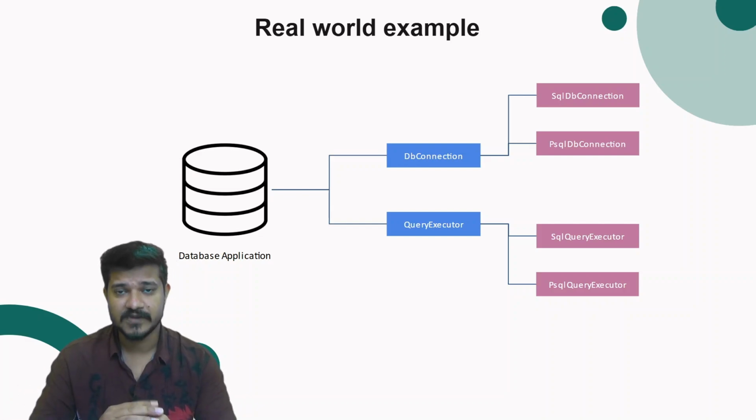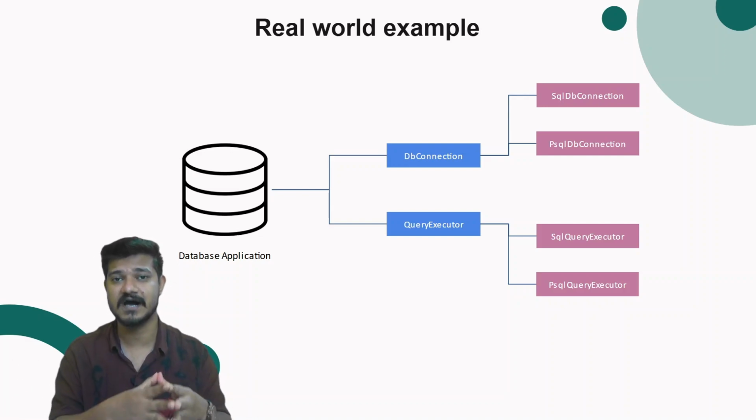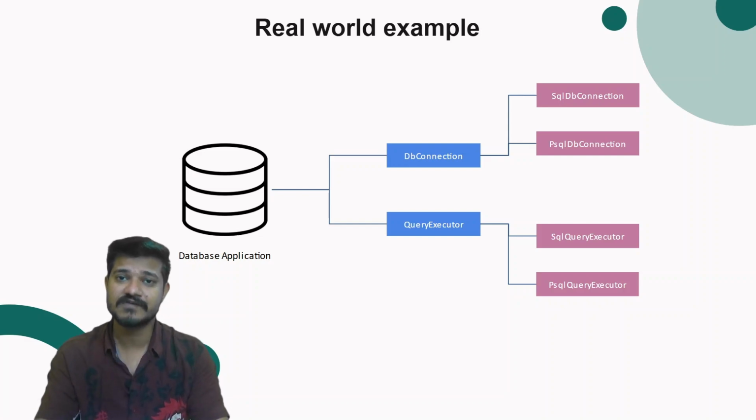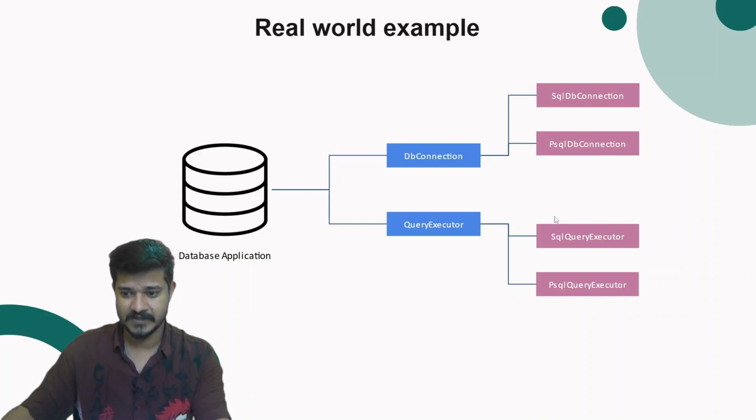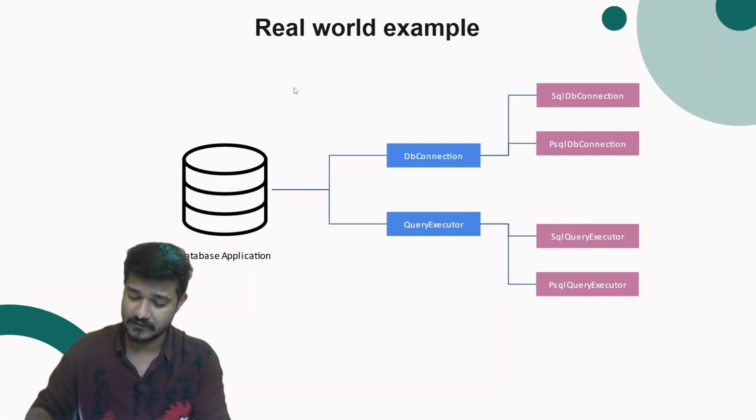It gives you a way to initialize the objects, keeping the creation logic separate from the client code, and also make sure that the objects created are compatible with each other, right? And it works with families of related objects, right? So yeah, this is an example that you'll be able to understand where abstract factory actually works, right?